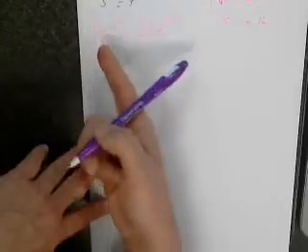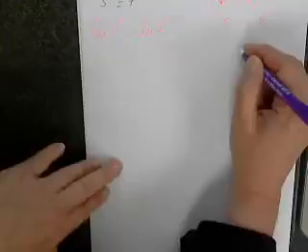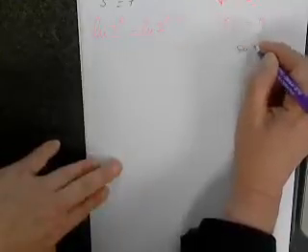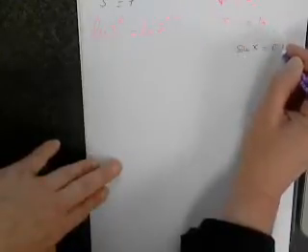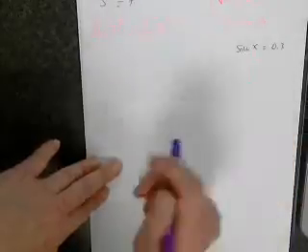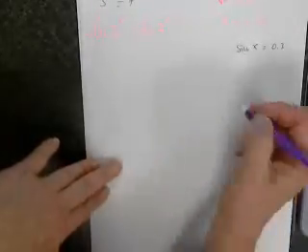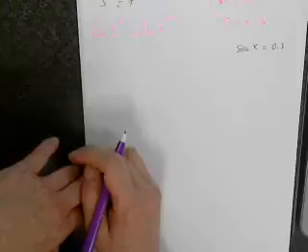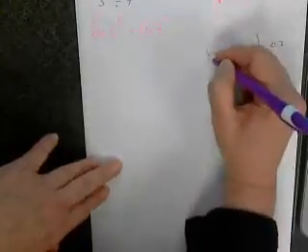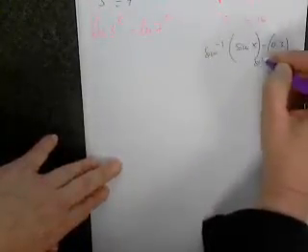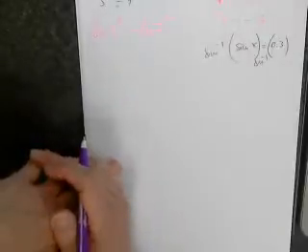I'm applying natural log to both sides. Remember when we had, for example, sine x equals 0.3. What did we do to both sides to find x? Yes, we applied sine inverse here and sine inverse here. I'm doing the same thing here.